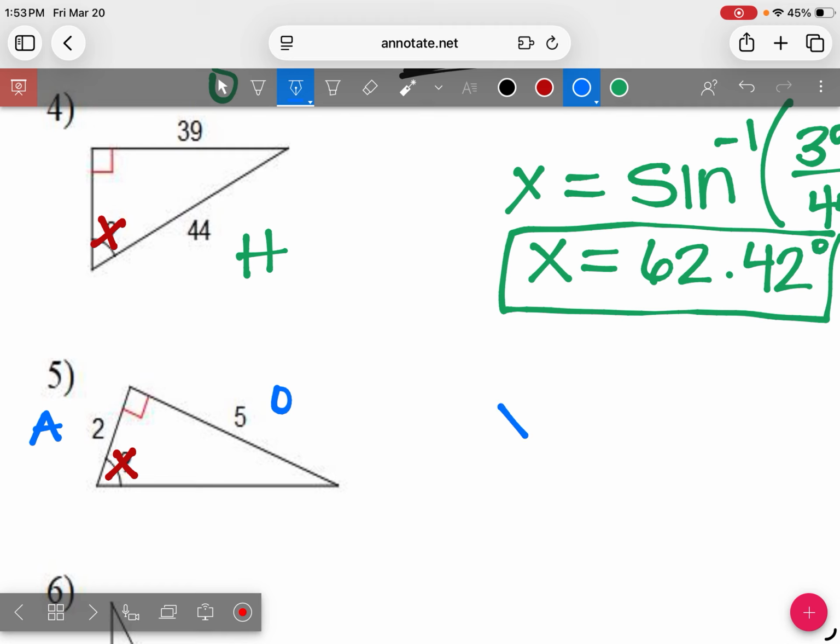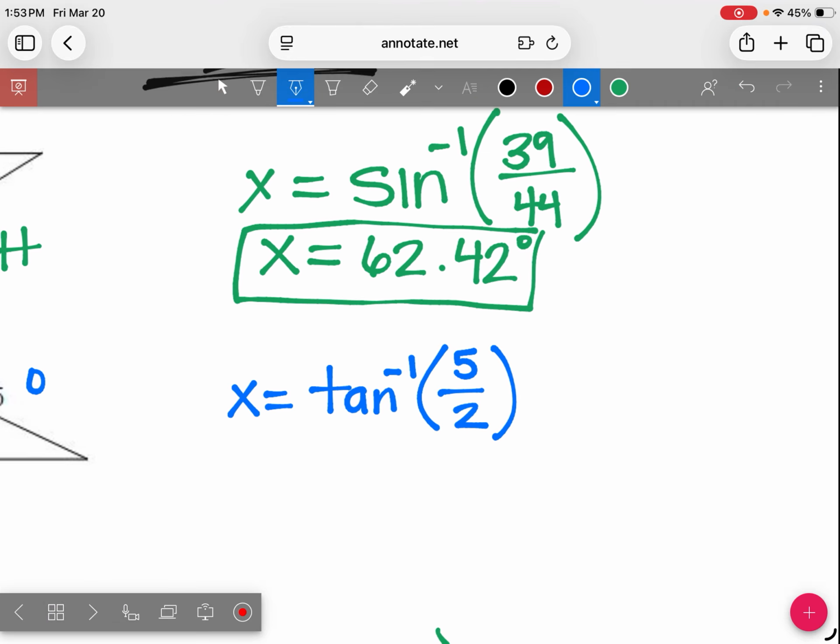So x equals the inverse tangent. It's very important that you set up your ratio correctly. Opposite has to be in the numerator. Adjacent has to be in the denominator. So if you put 2 over 5, that is not right. It's 5 over 2. All right, go ahead, type that in.